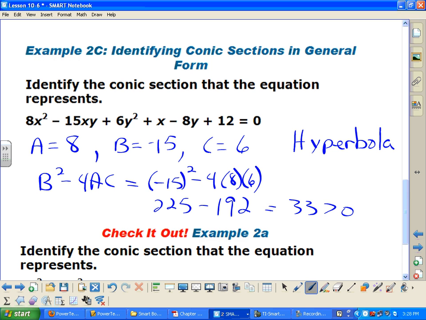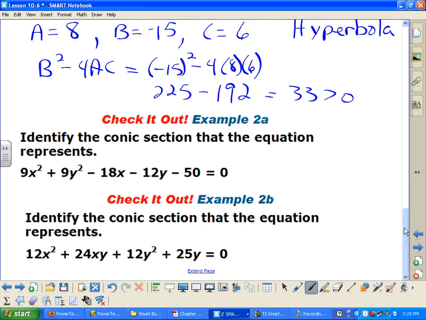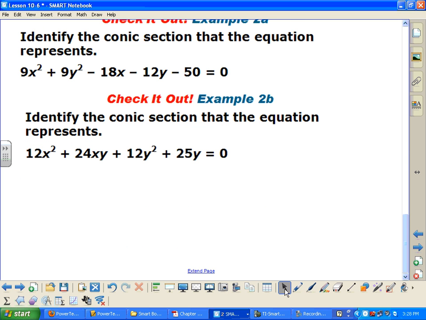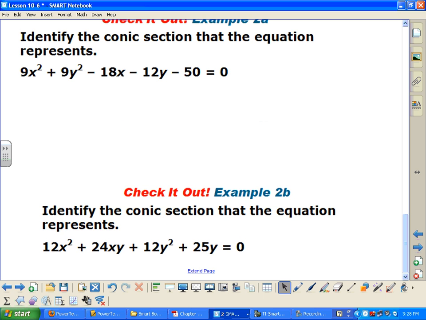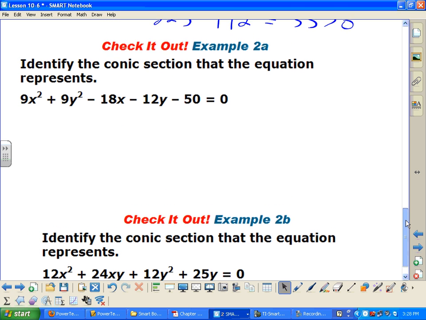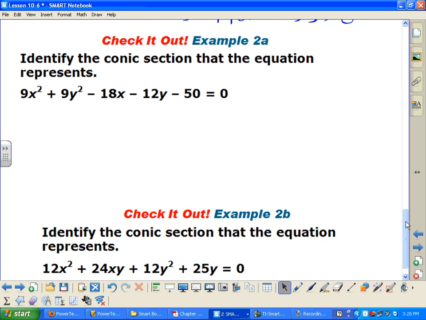So even though we didn't have an example for a circle or an ellipse, let's see if one of these check it outs is. All right, so let's look at check it out letter A here. A is 9, B is 0, there's no xy term, and C is 9.